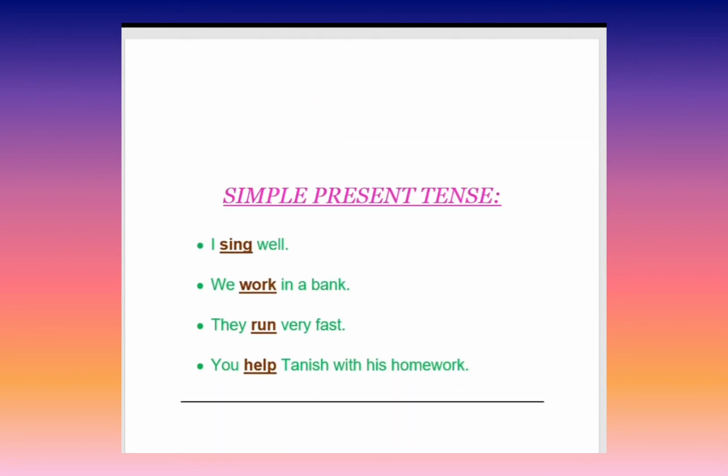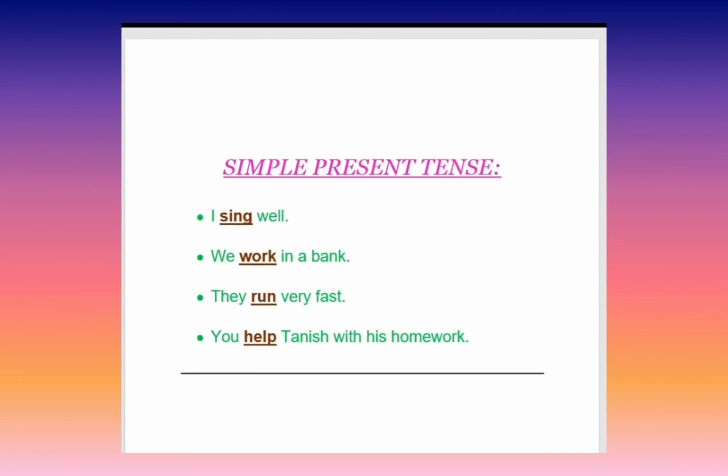Now look at these sentences in simple present tense. We use the simple form of the verb with the pronouns I, we, you and they. Look at these examples. I sing well, we work in a bank, they run very fast, you help Tanish with his homework.